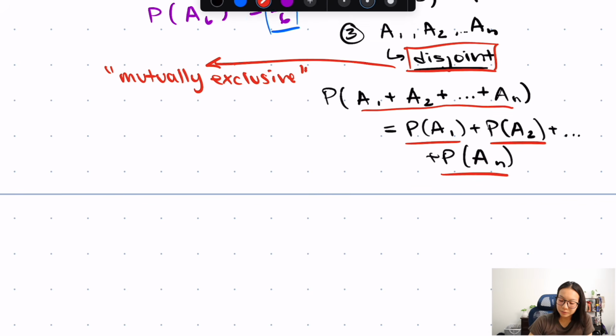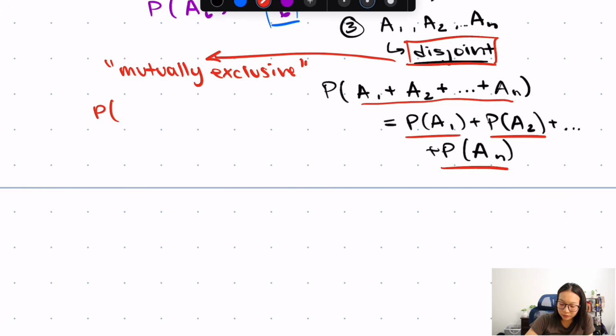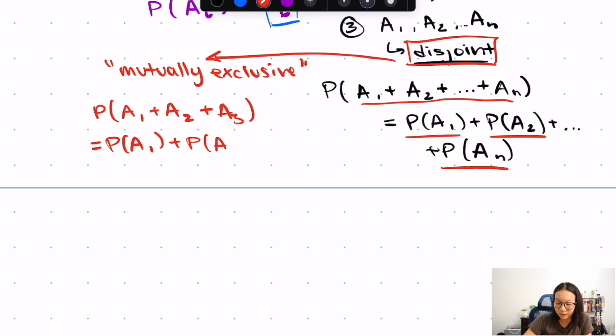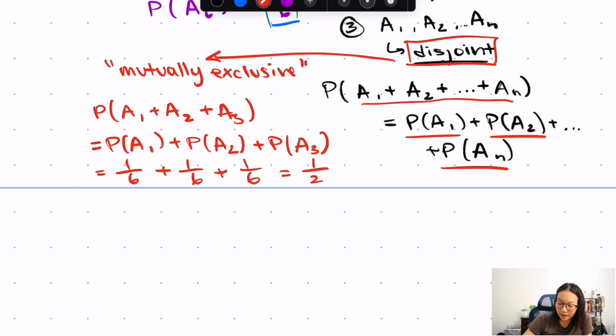So in our dice example, the probability of rolling a 1 or a 2 or a 3 is equal to the probability of these individually: probability of A1 plus probability of A2 plus probability of A3, which is equal to 1/6 plus 1/6 plus 1/6, or 1/2.